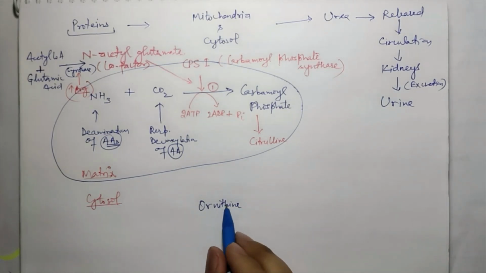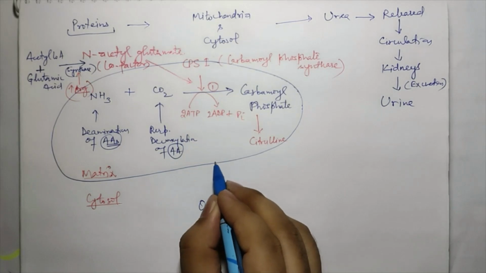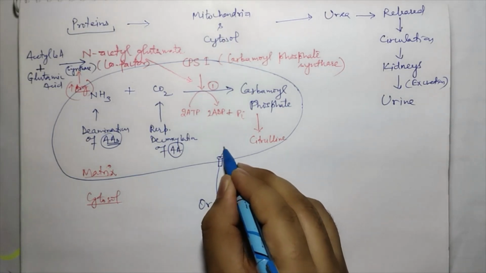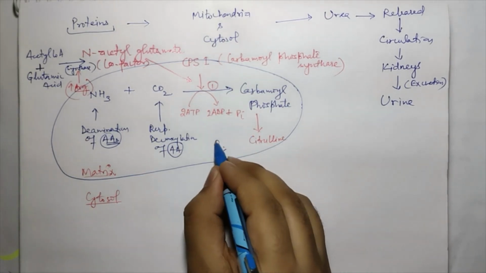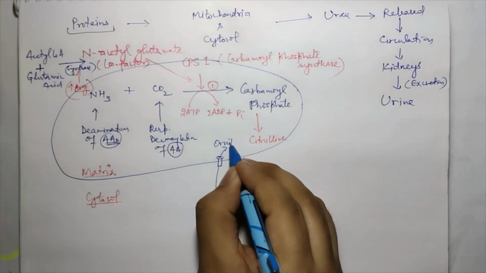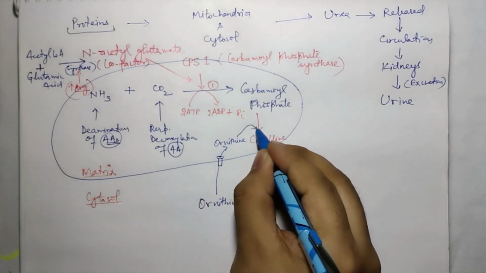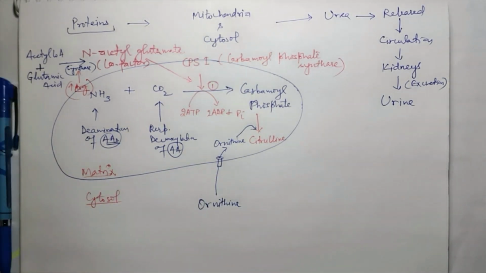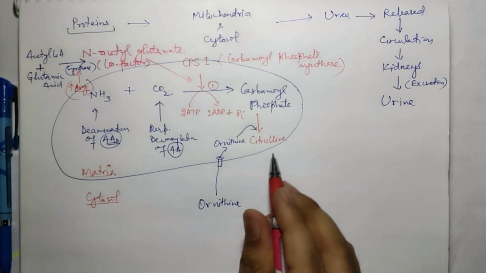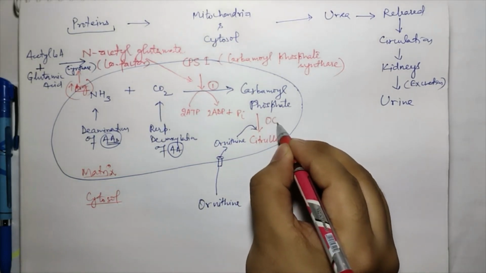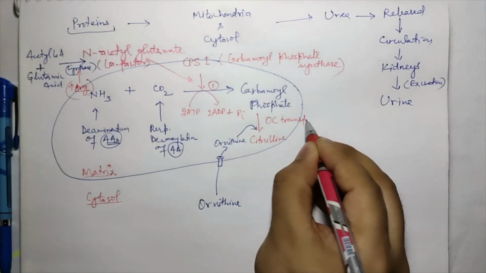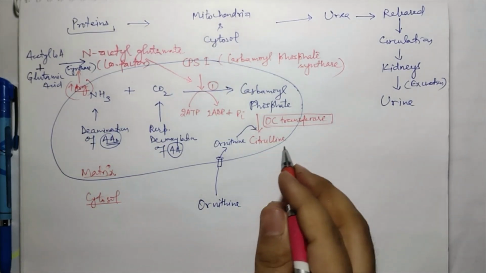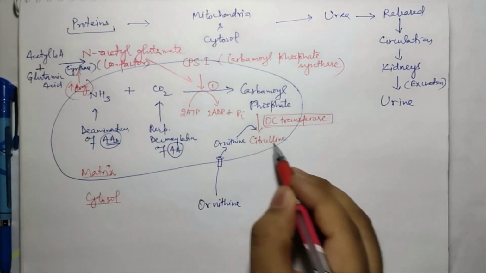This ornithine is synthesized in the cytosol, and through the ornithine transporter, it is released into the matrix, and here it is fixed by an enzyme that is called ornithine carbamyl transferase, and this ultimately leads to its fixing into citrulline.